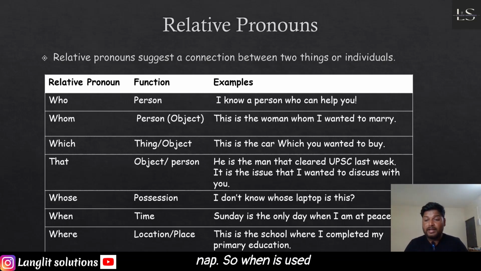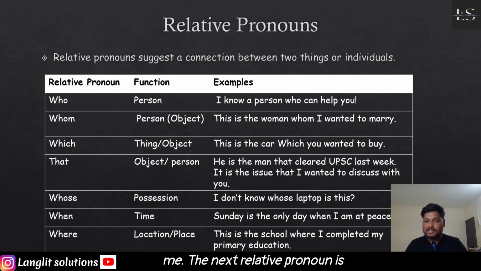So when is used for time, as whose is used for possession, which is used for objects, and who is used for person. When is your marriage, or when is the lecture. But when you are using when in a relative context, then it works as a relative pronoun. I don't know whether it is simple for you or not, but with time it will get better, trust me.